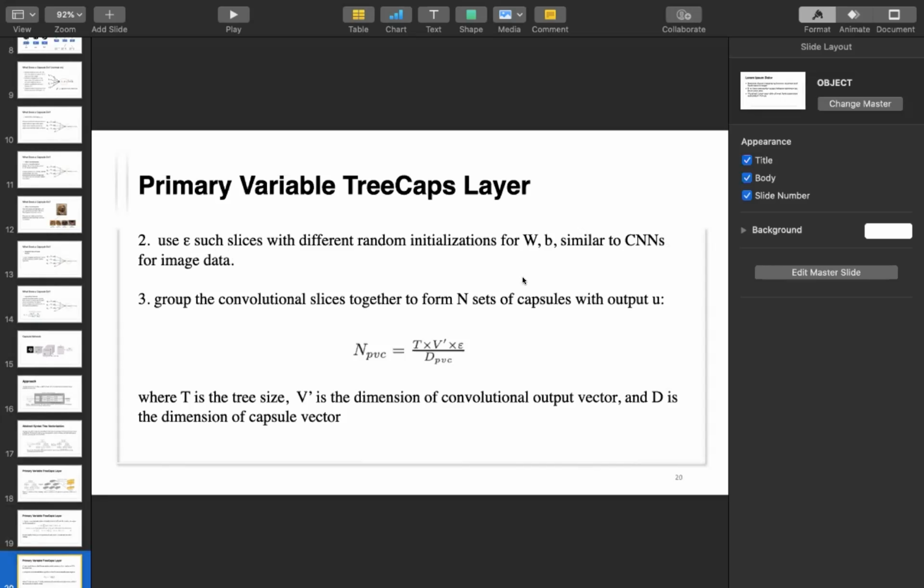This is similar to CNN for image data. And then we group the convolutional slices together to form n sets of capsules with output U.